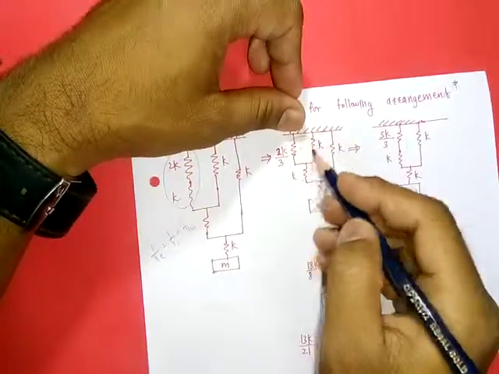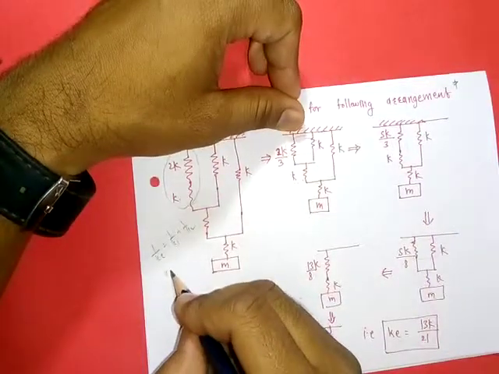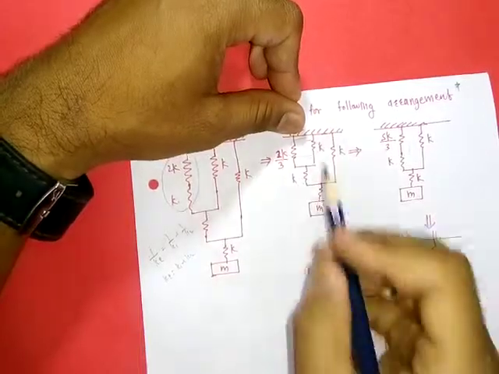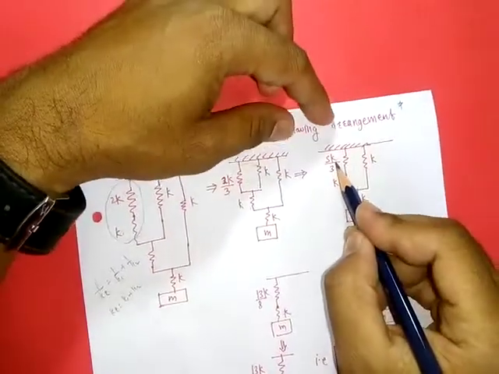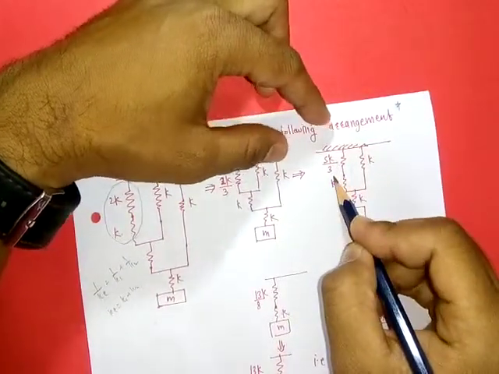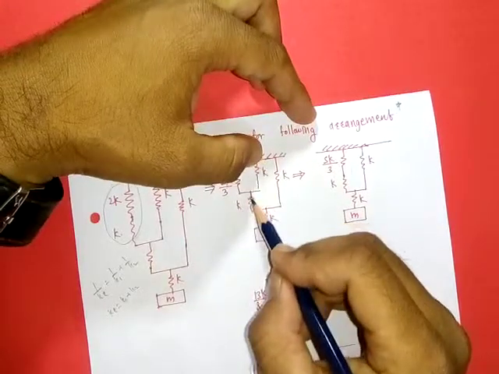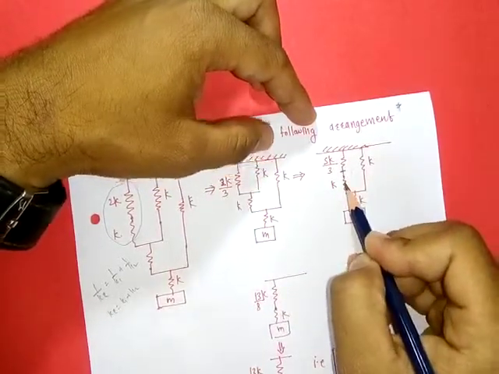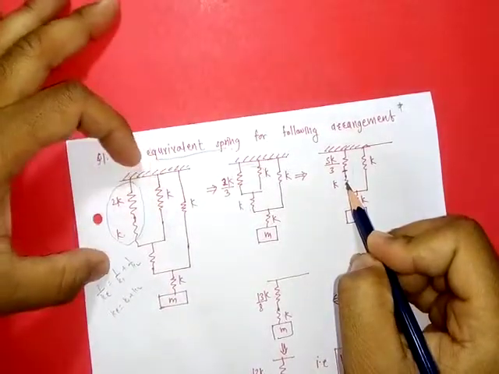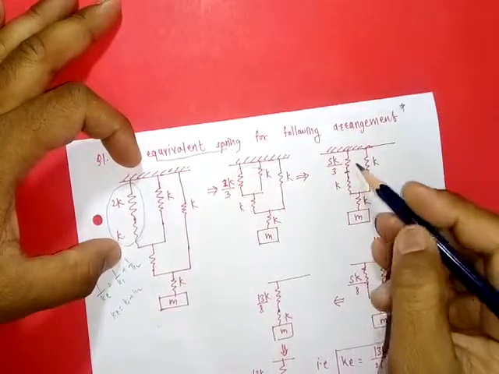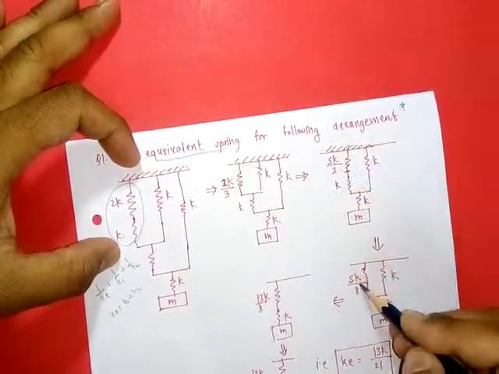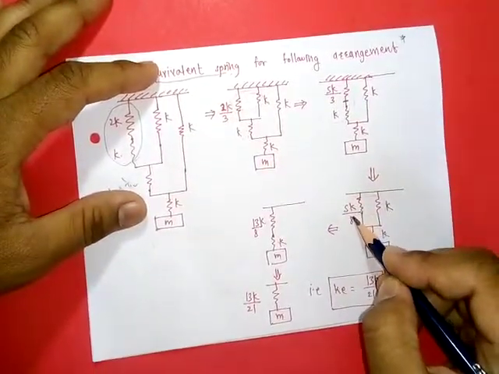So for this we will use the relation Ke is equal to K1 plus K2. Solving this we get 5K by 3. Then these two springs are connected in series, so 5K by 3 is connected to the next spring, and again using the series relation, we get the equivalent spring for this system as 5K by 8.